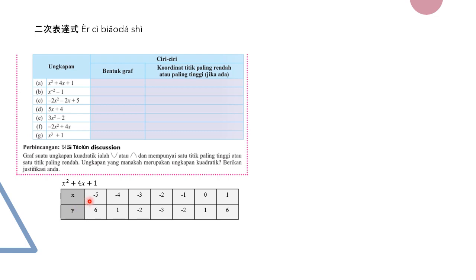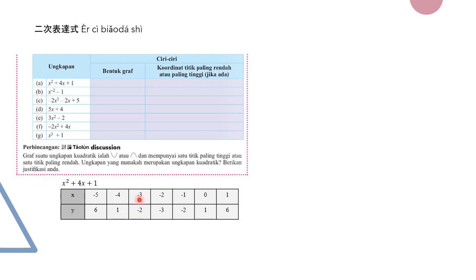So if, let's say, I replace this x here with -5, you have -5 power 2 plus 4 times -5 plus 1. Power 2 means you have to take the bracket of the whole -5, then you power 2. Then plus 4 times -5 plus 1, you get 6. If you put -4, then you have the whole -4 power 2 plus 4 times -4 plus 1, so you get 1, and so on.